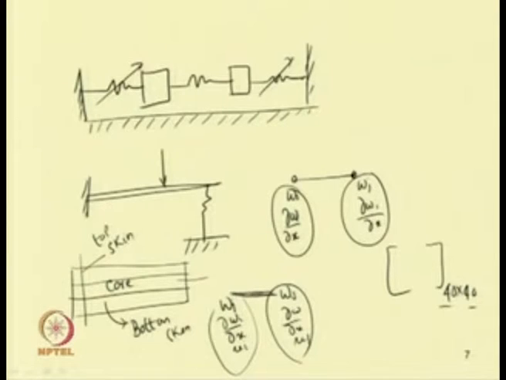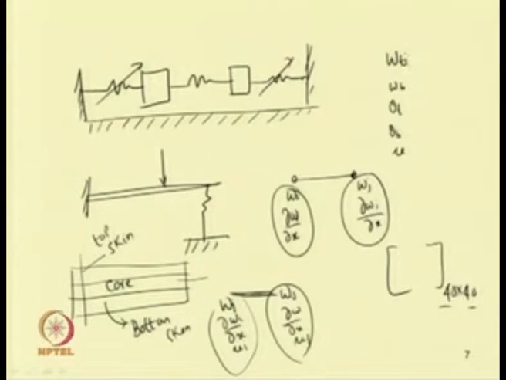Of large size. Similarly, in the case of the flexible core sandwich beam, as the top and bottom skin deflections will be different, at the ith node one can write Wt, Wb, then theta t, theta b, and then u.